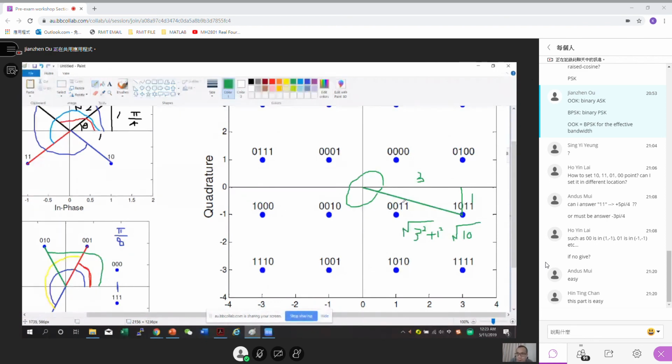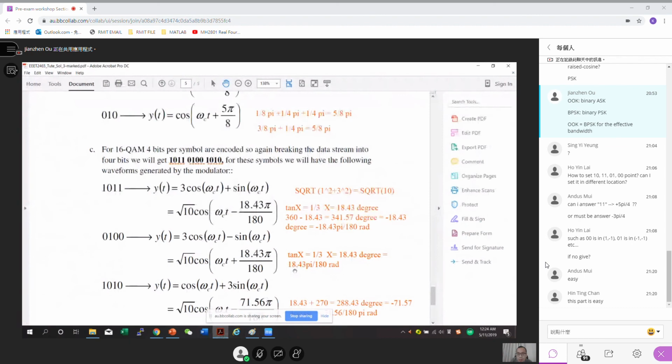If you still remember high school math, to calculate this theta angle, let me use another color, this one, we have to use the tangent formula, because you know about 3 and 1. So we call it theta, and tangent theta is equal to 1/3.